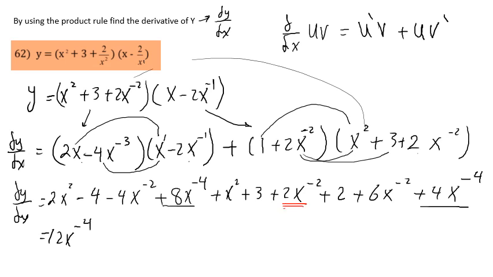Two x power negative 2, negative 4x power negative 2, 6x power negative 2, so it's 4x power negative 2, and 2x squared plus 1x squared is 3x squared.